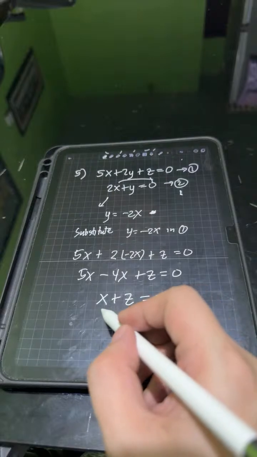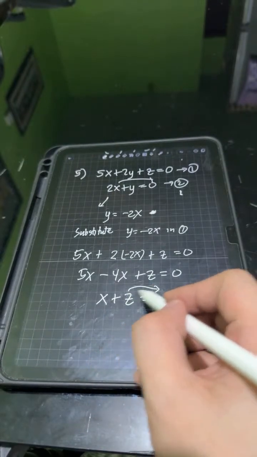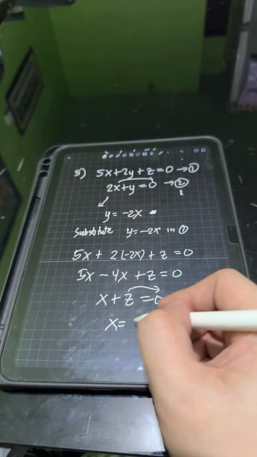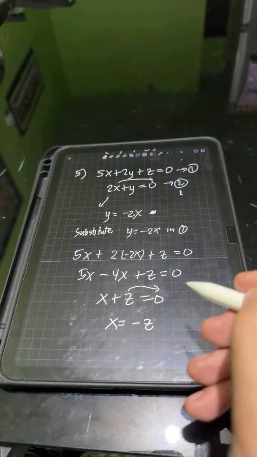Then if we solve for x in terms of z, we transpose the z to the right side. x is negative z.